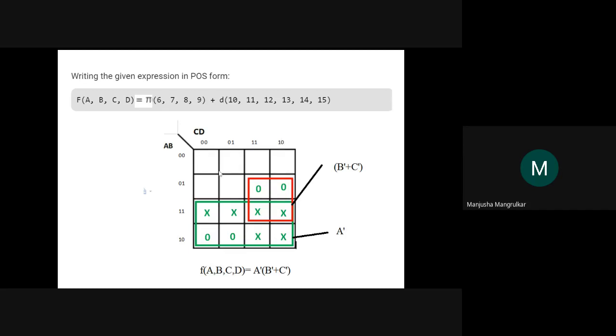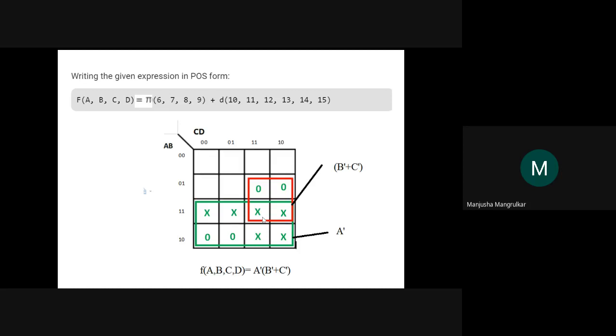Now the second step is we are giving the numbering here: 0, 1, 2, 3, 4, 5, 6, 7, 8, 9, 10, 11, 12, 13, 14, and 15. Clear? 6, 7, 8, 9 are 0. Don't care are 10, 11, 12, 13, 14, 15.